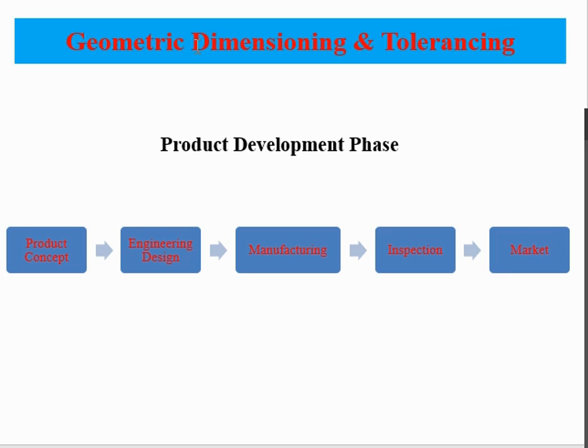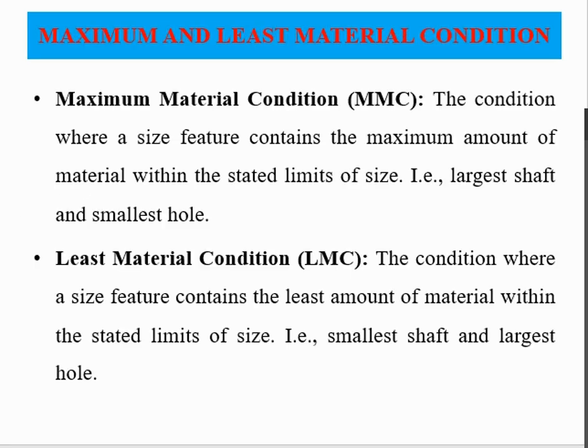In GD&T, it is very essential for an engineer to understand what the maximum material condition and least material condition are before going further. Maximum material condition, which we call MMC, is the condition where the maximum amount of material is present.